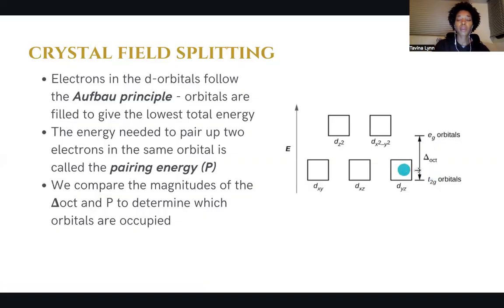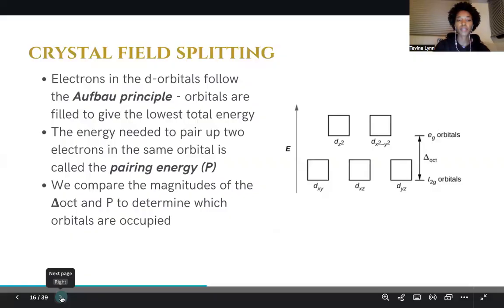To determine, are we going to put one electron in each of these and then go here, or are we going to put one in each of these and then pair them first before jumping to the higher energetic level? And the way we determine that is by comparing the pairing energy and the octahedral splitting energy difference.